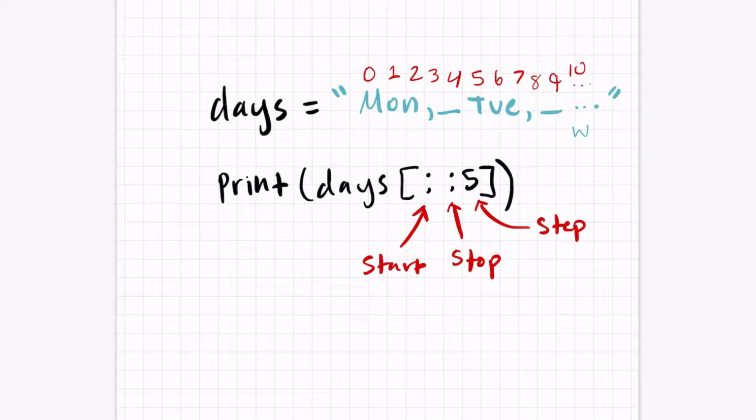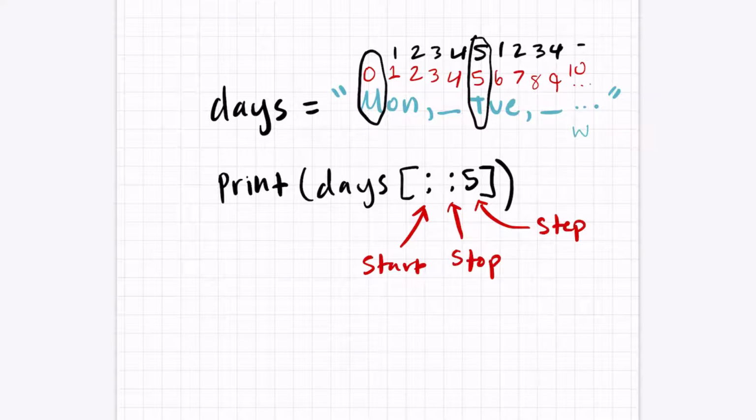So we start here at 0, right? And we grab that one, and then we step 1, 2, 3, 4, 5, and we grab that one. And then we step 1, 2, 3, 4, 5, and then we grab that one.